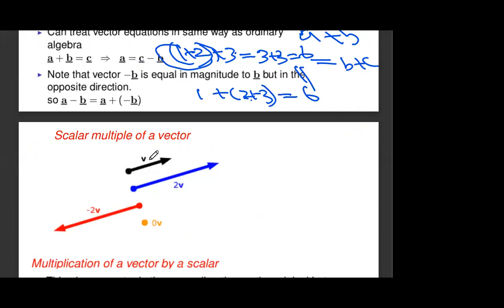When you multiply this vector by a positive scalar, what happens to the resultant vector when you multiply it by 2? The direction does not change, but the magnitude would be double.